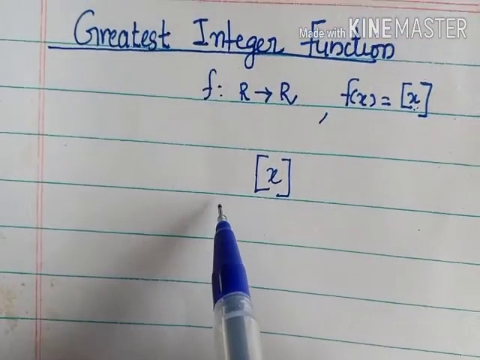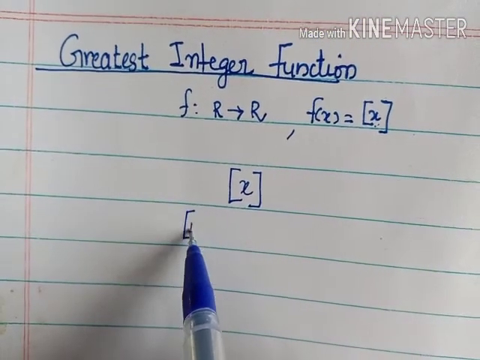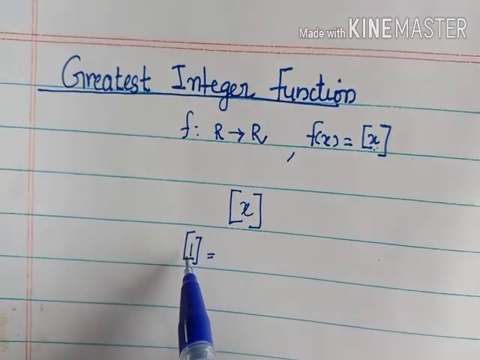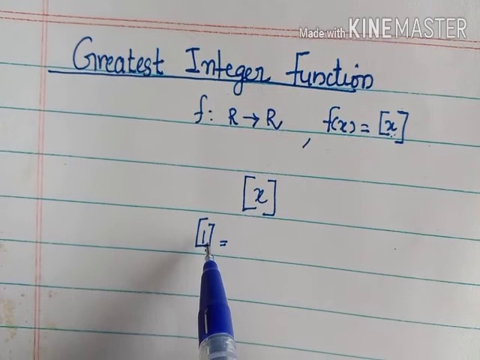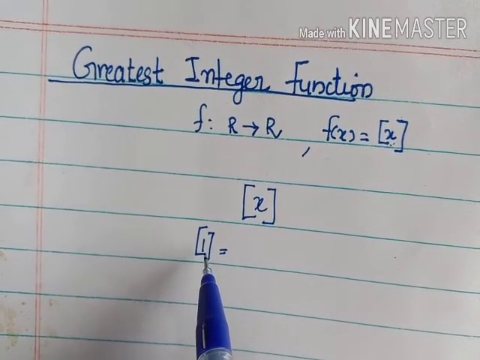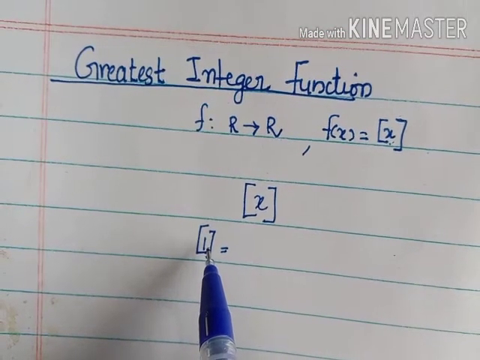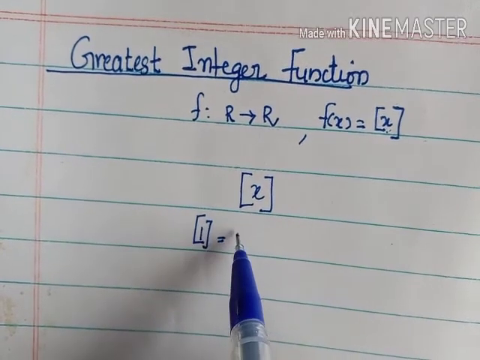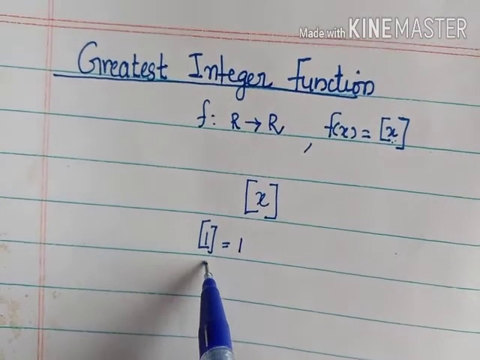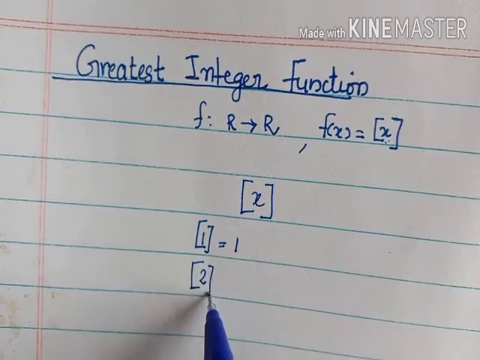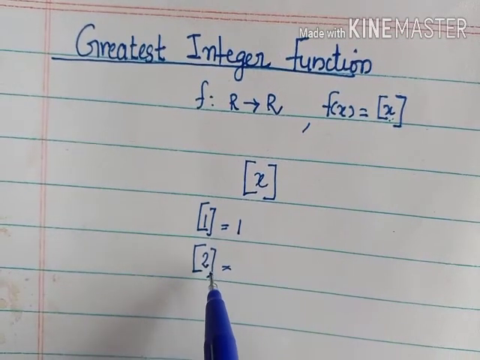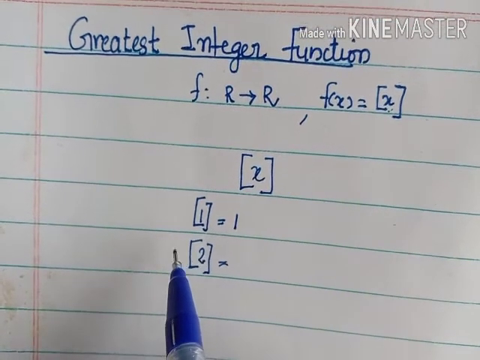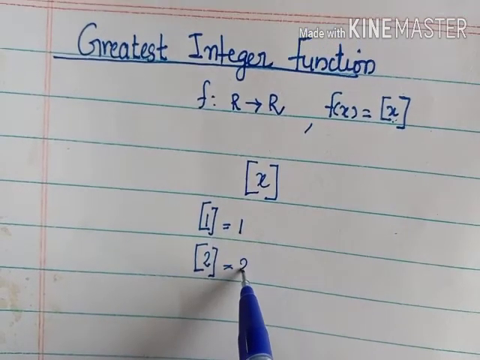For example, suppose the greatest integer of 1. The greatest integer of 1 means the value of the greatest integer less than or equal to 1, which is 1 itself. The greatest integer of 2 means the greatest integer less than or equal to 2, that is 2.